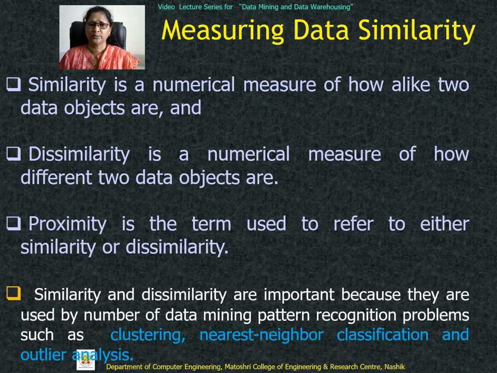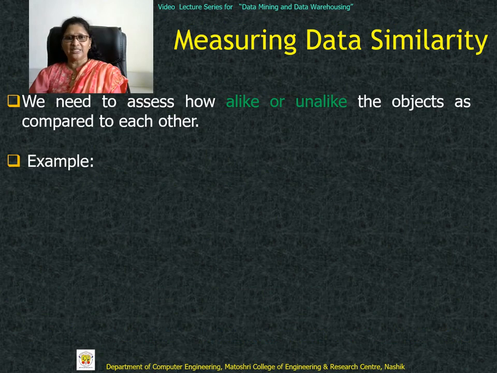When we talk about similarity, it refers to computing a likeness. When we talk about dissimilarity, we are trying to find out how different they are. Both are important in data mining, which has three common applications: clustering, nearest neighbor classification, and outlier analysis.